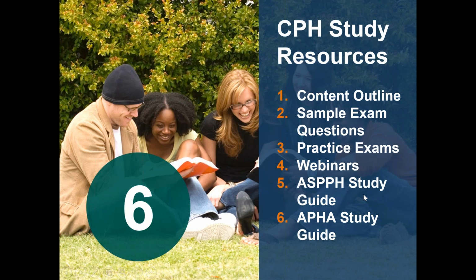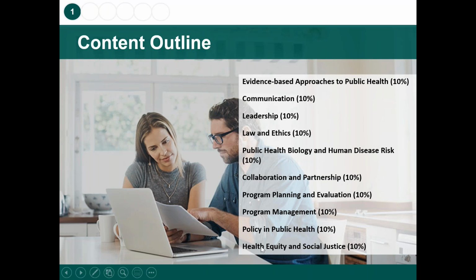There are a number of items that you can review. We recommend that people looking to start studying for the exam go and review the content outline on the NBPHE website. That's going to go over the different things that are included on the exam. It's going to go over the 10 different areas that are represented on the exam.